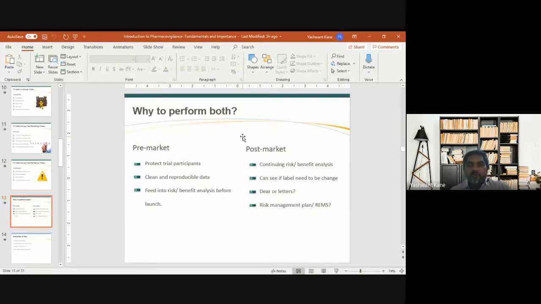Why should we perform both, pre-market and post-market? First of all, as we are doing clinical trials, we should be protecting the trial participant, and that's why we should be doing the pharmacovigilance.